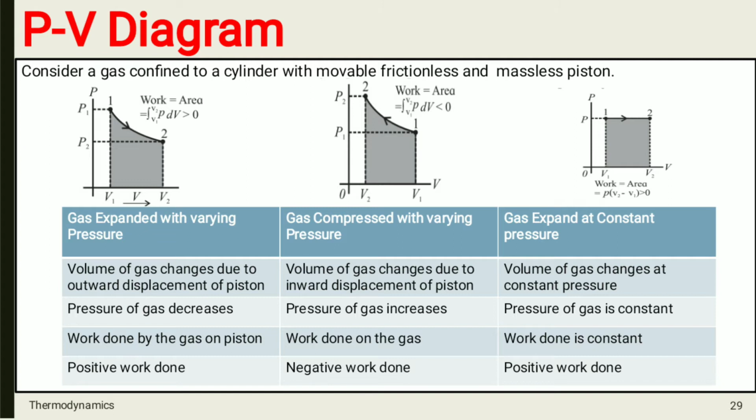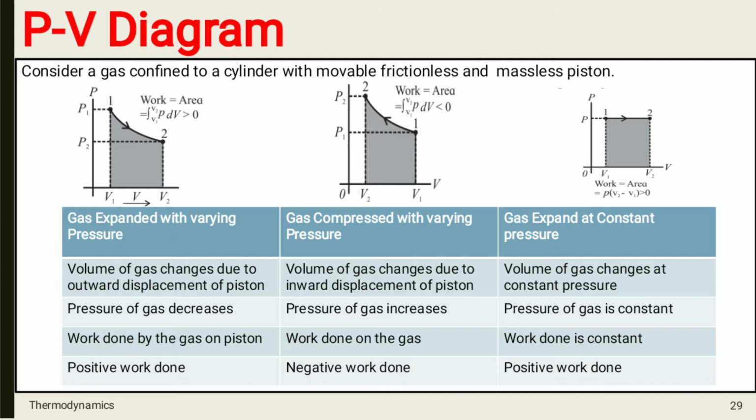In the first figure, you can see that from path 1 to 2, expansion of gas takes place from volume V1 to V2, and pressure of gas decreases from P1 to P2. Here, volume of gas increases from V1 to V2.